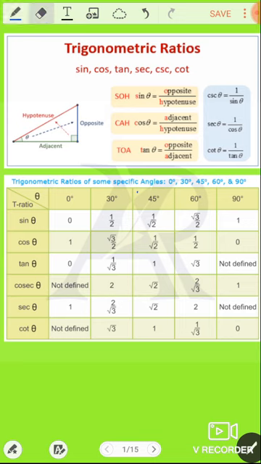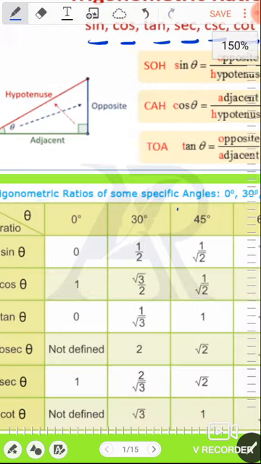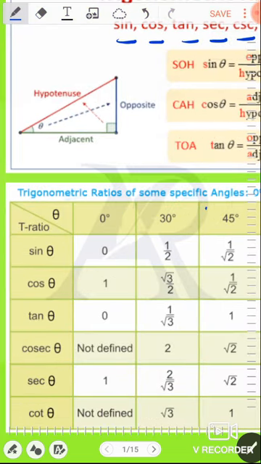First and foremost, we need to learn the trigonometric ratios of some specific functions such as sine, cos, tan, secant, cosecant and cot. In order to understand this, let us consider this triangle.